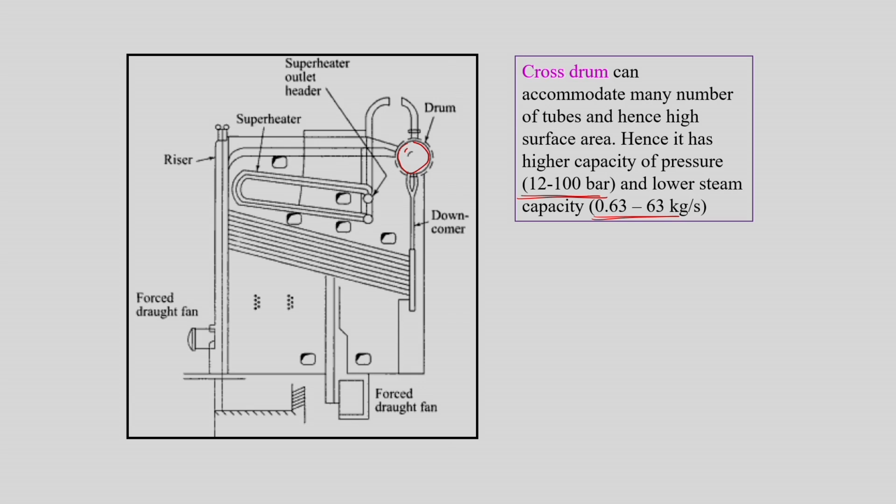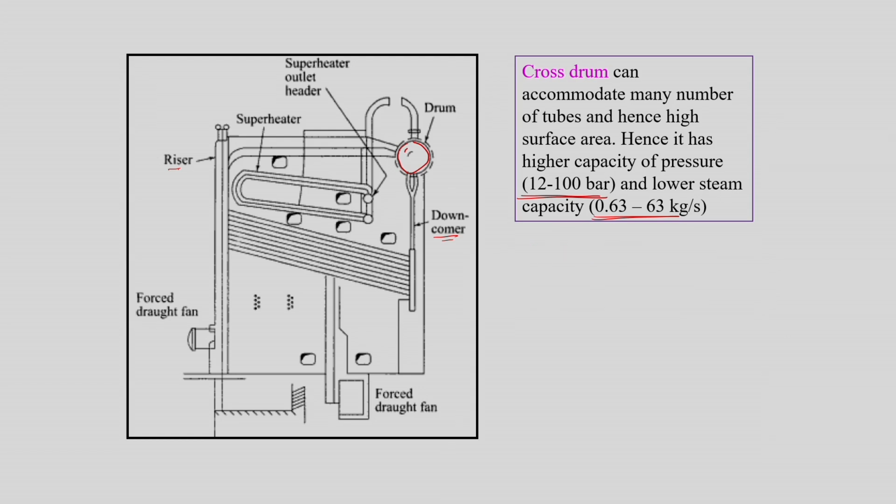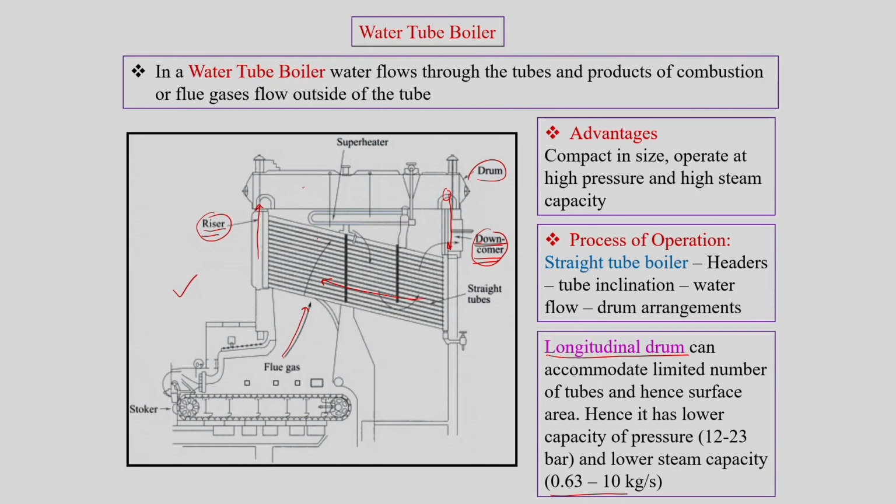Further, although the arrangement is different, we still would have the downcomer, riser, superheater, and other attachments to the boiler. Straight or cross drum boilers would implement baffles. We can see here in the last figure these black strips, they are baffles.